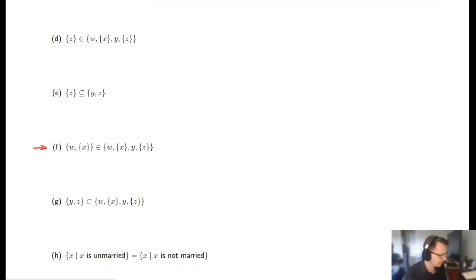This is out of the ones I've seen so far where there have been some issues. Just a reminder that with elements, when we ask if something is an element, we're asking if this entire thing on the left side, that one whole thing as an object, is an element of whatever set is on the right.